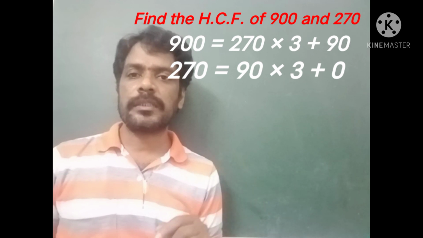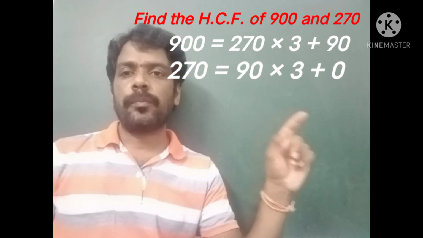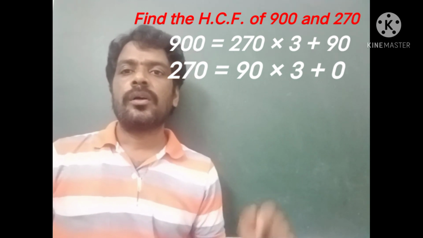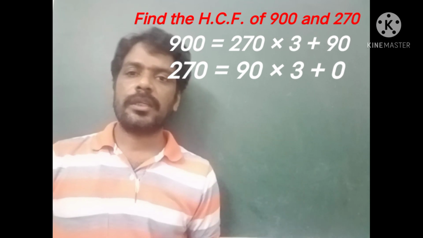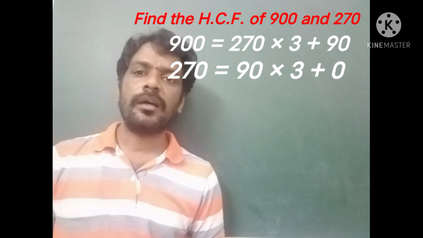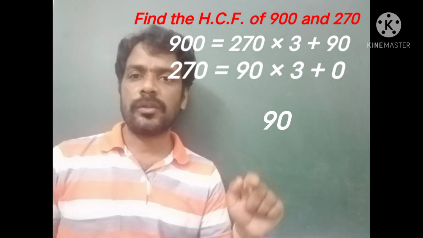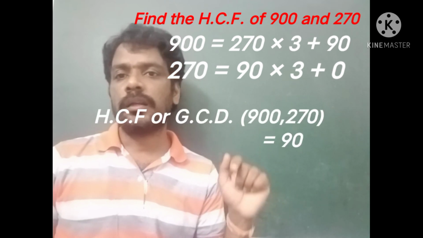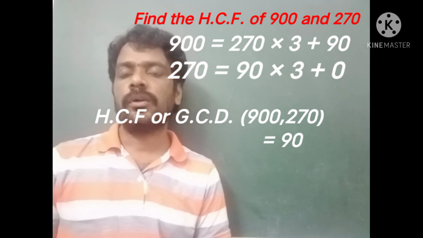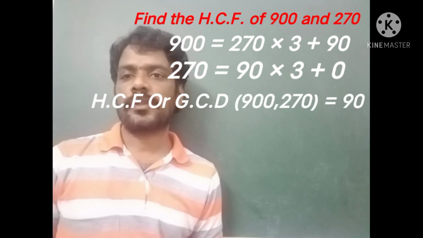So 270 is equal to 90 into 3 plus 0. Here we got the remainder as 0, so we have to stop this process here only. Then what is the divisor we got at the last step? That is 90. So this is the HCF or GCD of 900 and 270. So the HCF of 900 and 270 is 90.